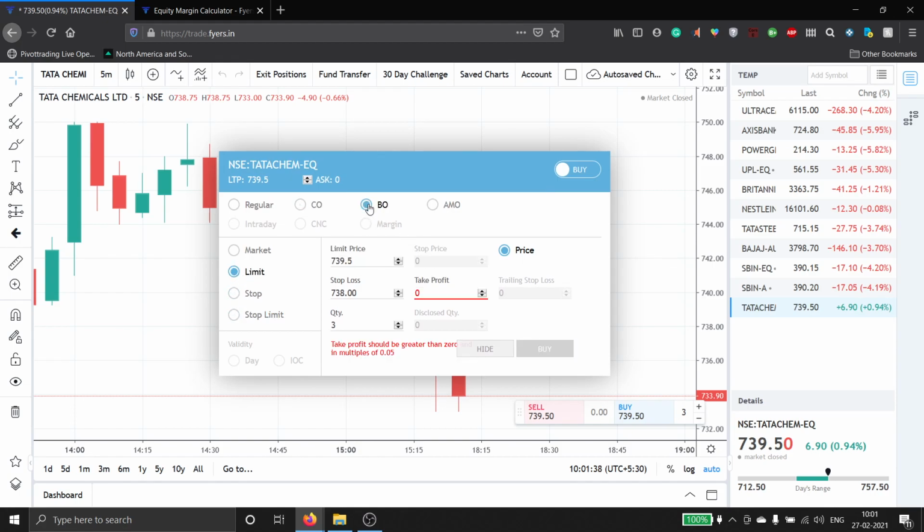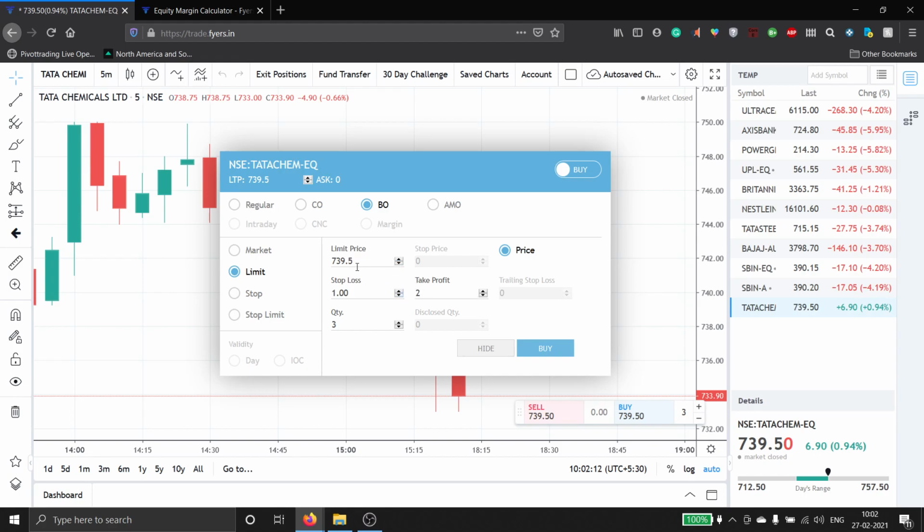Okay, so now you have this bracket order. In the bracket order, it not only takes care of the loss, it also takes care of the profit. So if I put a stop loss of 1 and a profit of 2, if the price hits 741.5, it will automatically sell, and if the price hits 738.5, it will automatically sell.